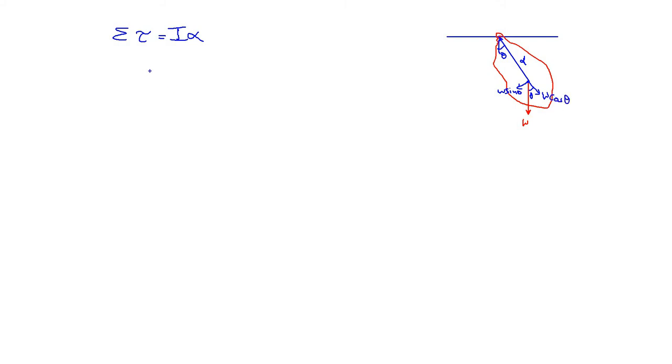Now W sine theta is the restoring force, and W is mg, so mg sine theta times d. This is the torque due to the force F perpendicular, and that is equal to I alpha.